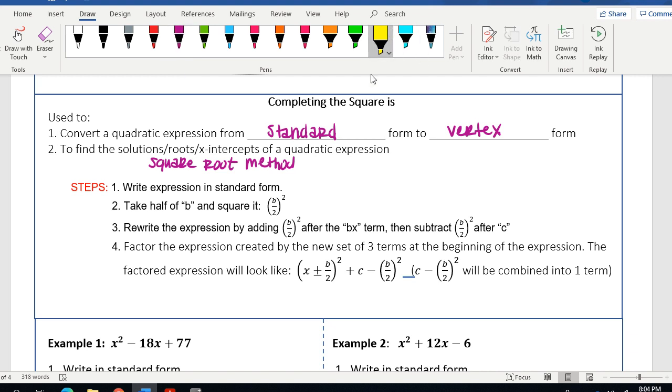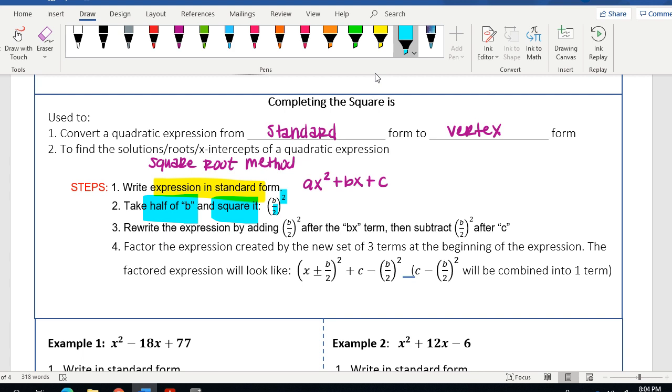All right, so to complete the square, I'm going to write my expression, or make sure that it is written, in standard form: ax squared plus bx plus c. I'm going to take half of the b and I'm going to square it. So I kind of have this little formula, b over 2 squared. Step 3 might be the most complicated.